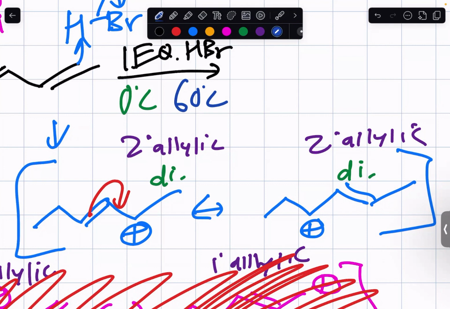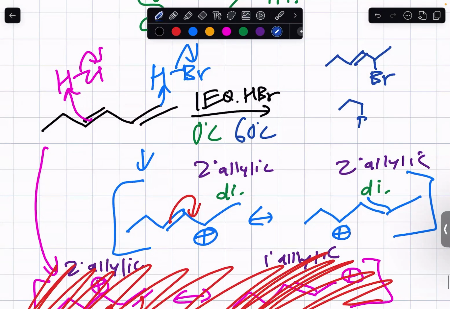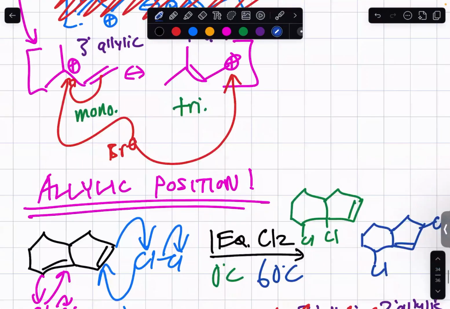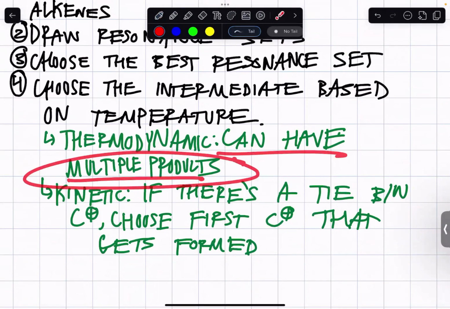Thermo, so yes, both for thermo. So if you're given 60 degrees Celsius, you're gonna get two products, right? That product and this product here, for the thermo product. Thermo, you could get more than one, multiple products.